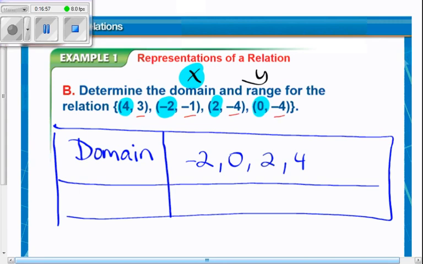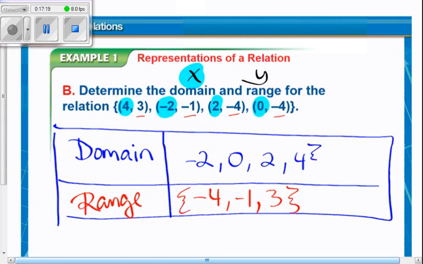Again, we don't have to repeat numbers if it comes up twice like -4, right? So we just say -4, that's our smallest one, and then -1, and then 3. Don't forget to put your little curly brackets to denote those. Those are sets of numbers. That's your domain, and the bottom one is your range. Okay.